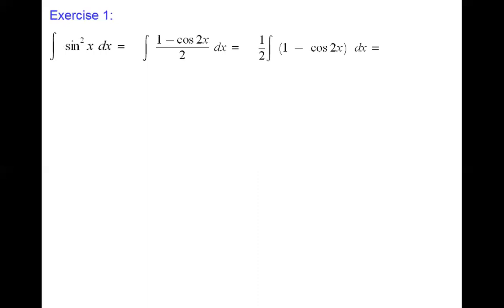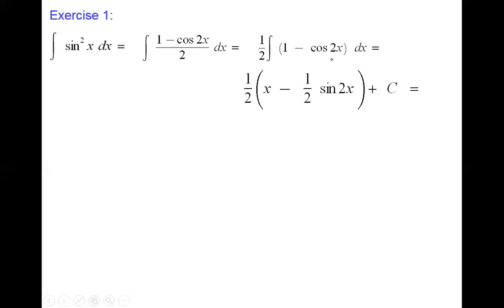Over 2 means 1/2. I can pull out 1/2 in front of the integral. Now, relatively easy. Integral of 1 dx is just x. Integral of cosine of 2x is sine of 2x over 2, because we have to divide by the coefficient of x.